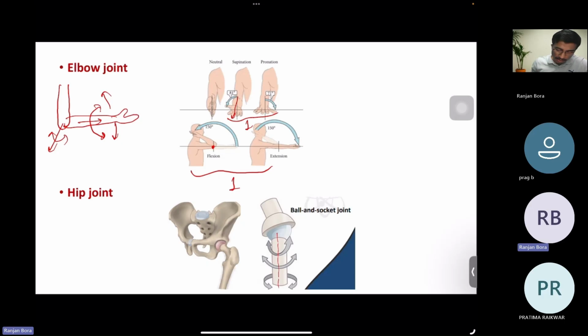Then we can rotate about this, which gives us the internal and external rotation. And one rotation is this, the abduction adduction. So it has 3 rotations. We can perform 3 rotations using the hip joint, so it has 3 degrees of freedom. And the elbow joint has 2 degrees of freedom.